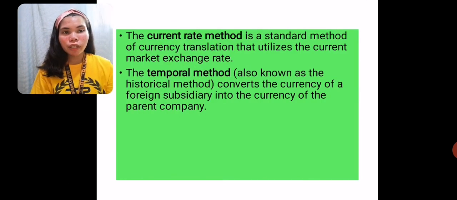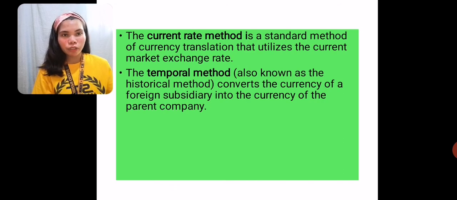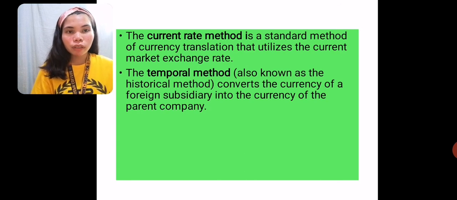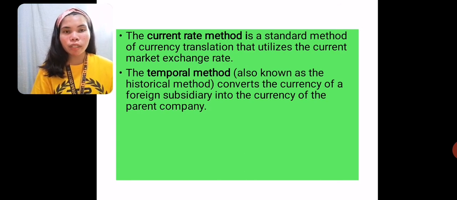The current rate method is a standard method of currency translation that utilizes the current market exchange rate. The current rate method is most often used when the subsidiary company is fairly independent from the parent's activities, while the temporal method, also known as the historical method, converts the currency of a foreign subsidiary into the currency of the parent company.